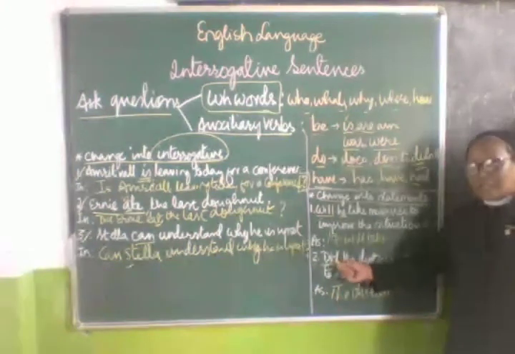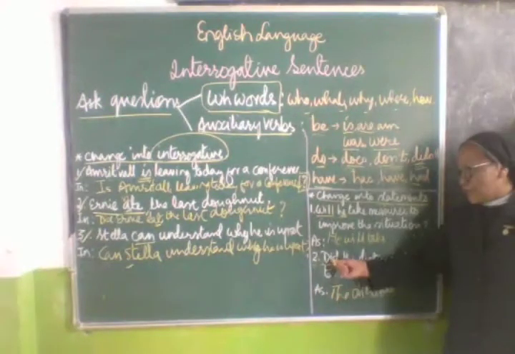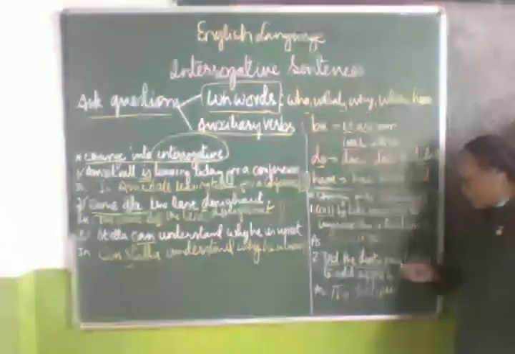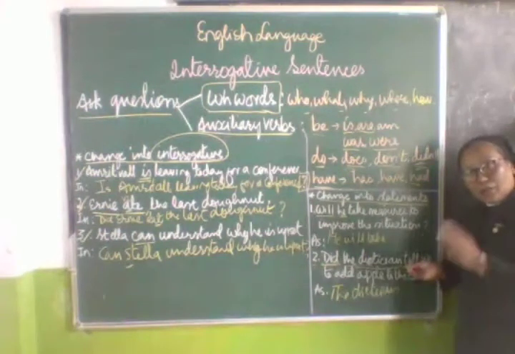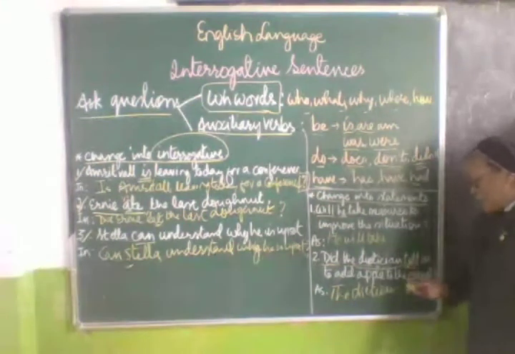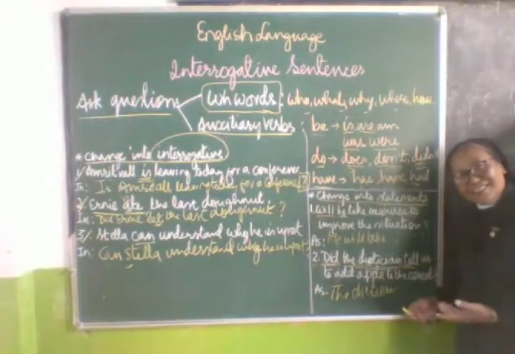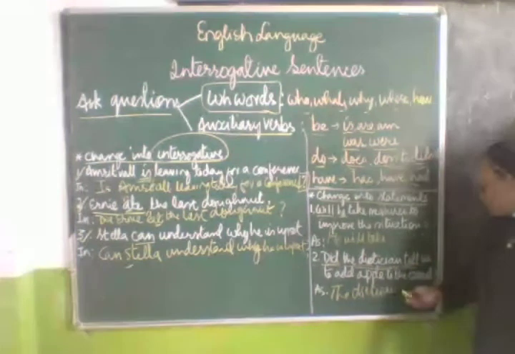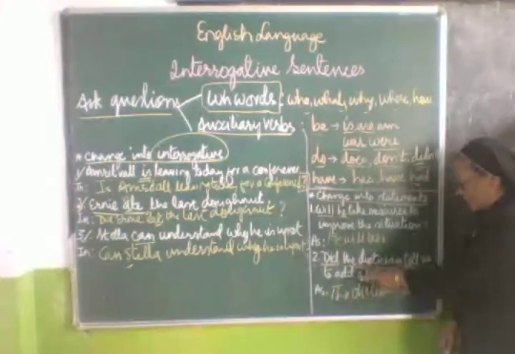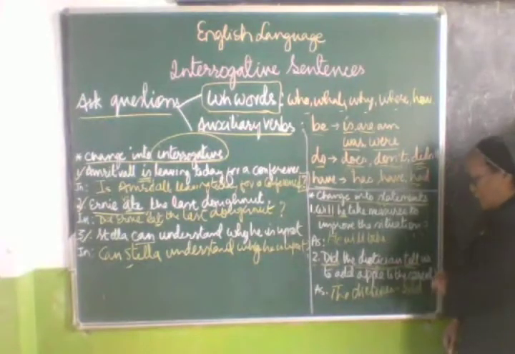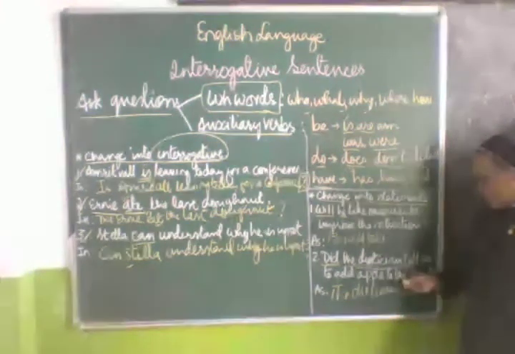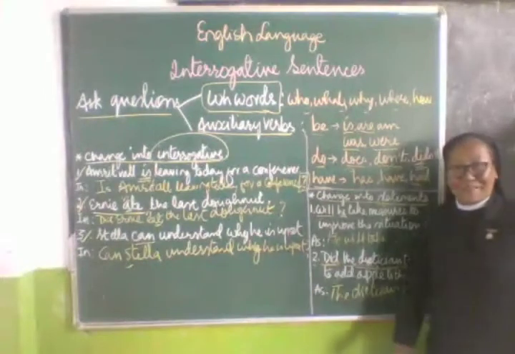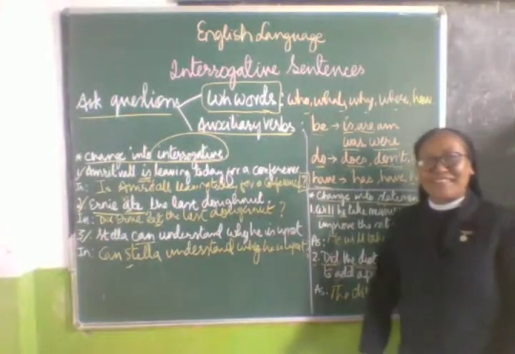It is a nice statement, so I will not be using it. I will straight away use the past form of the verb. So tell, instead of did tell, I will be using told. So the remaining as it is. See, the dietitian told us to add apple to the cereals. Got it? It's not that complicated, isn't it?